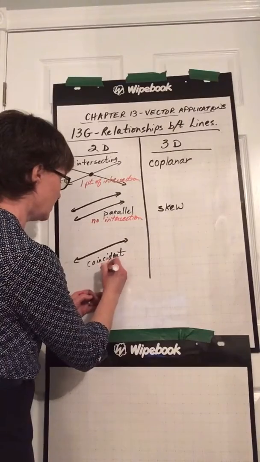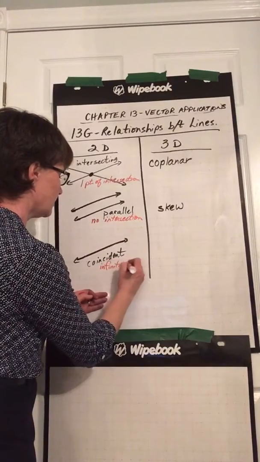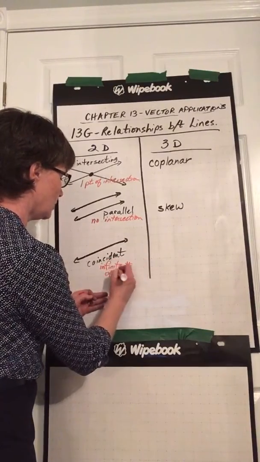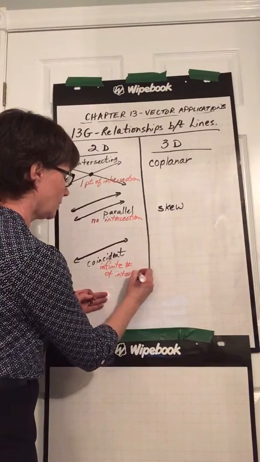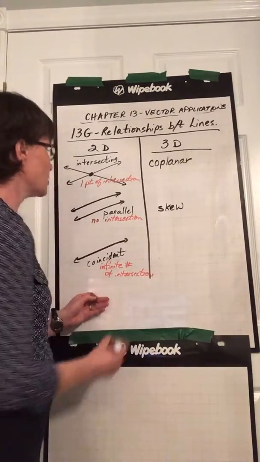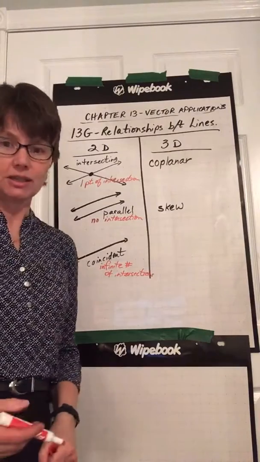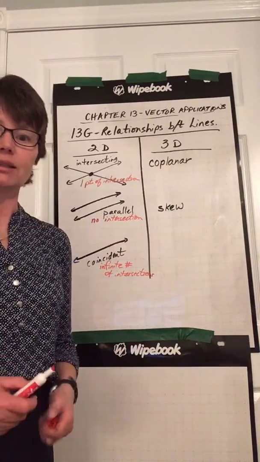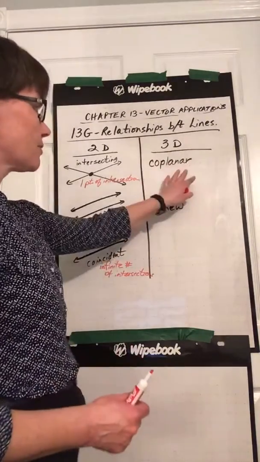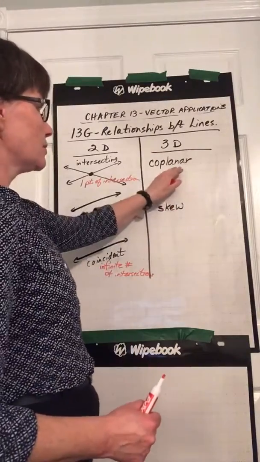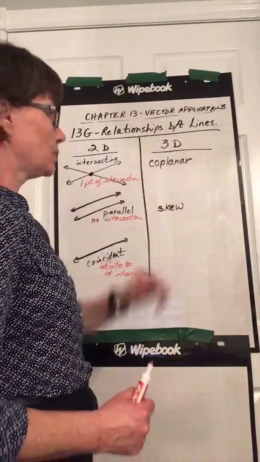That's an infinite number of intersection points. Those three situations are the only situations that can exist about two intersecting lines in 2D.